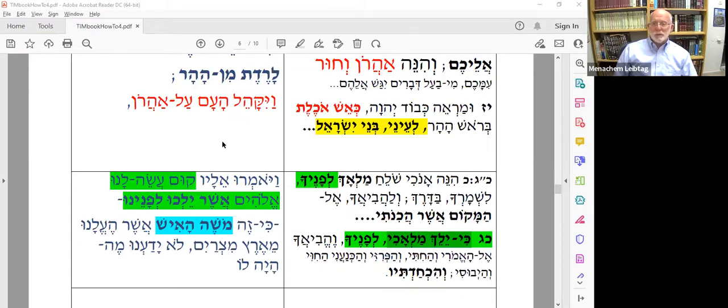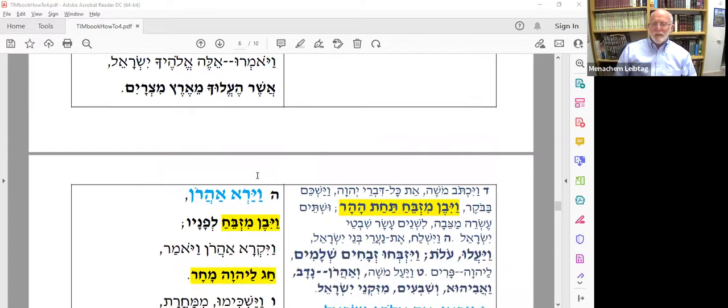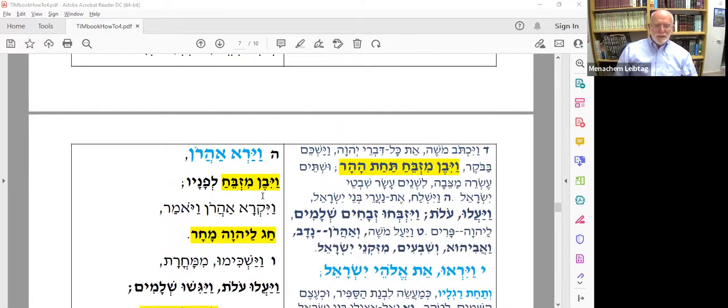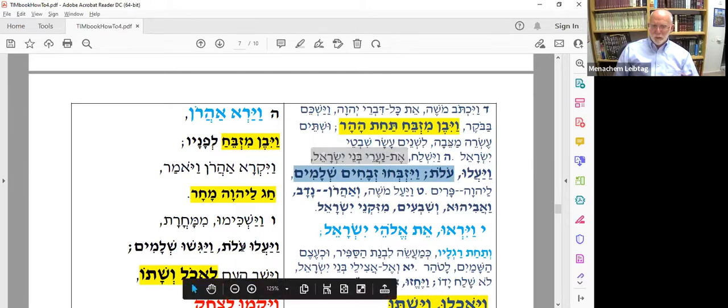Back to our mouse. Okay, so Aaron makes the Egel Masecha. And we saw before, Aaron builds a Mizbeach in front of it. What did we see back in Har Sinai in chapter 24? Moshe built a Mizbeach at the bottom of the mountain, with 12 matzevot representing the people. They brought olot and shlamim, just like here, olot and shlamim. I should put my little arrows again.